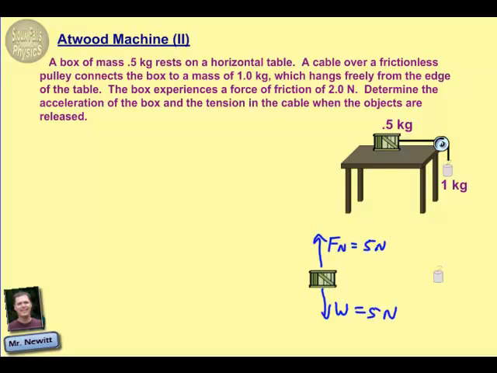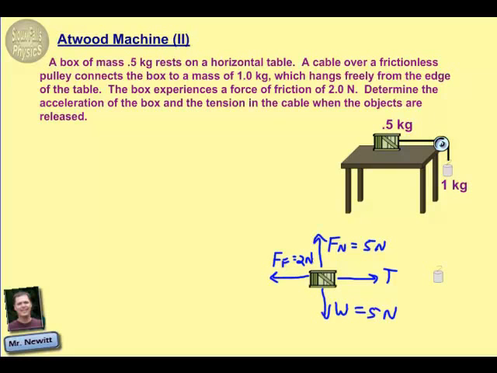So those forces essentially cancel each other out. There's also going to be a tension from the string that is connected to the box. We don't know what the value of that is. That's one of the things the problem's asking us to find. And we also know that there is a frictional force that is going to oppose the motion of the box. That frictional force is given to us at a value of 2 newtons.